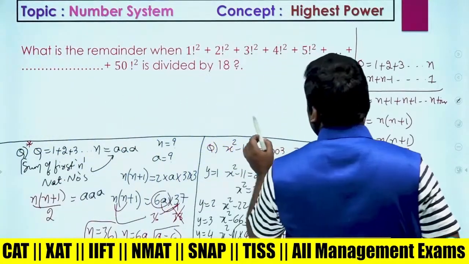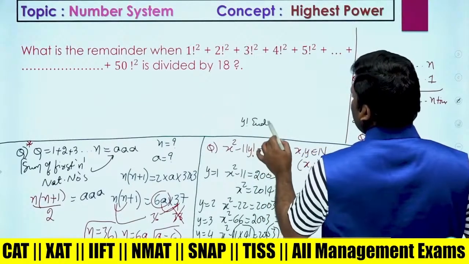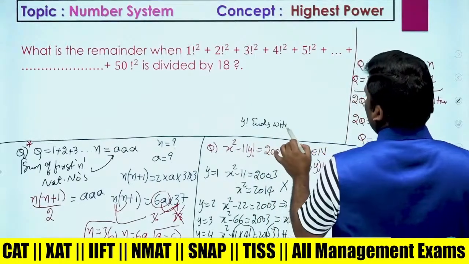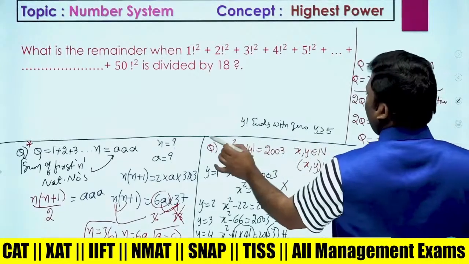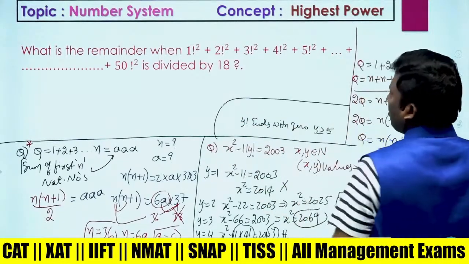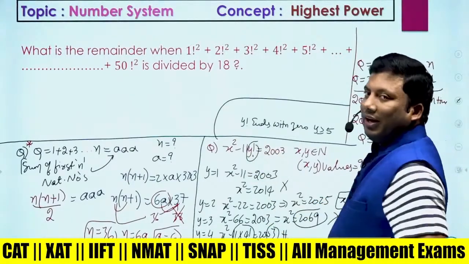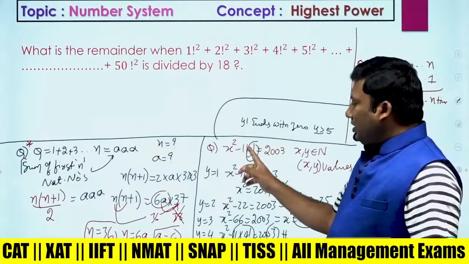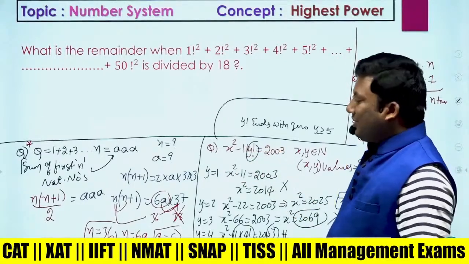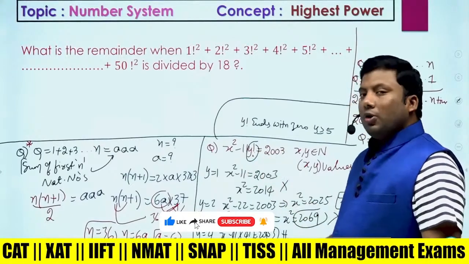Now if you see, y factorial ends with zeros for y greater than or equal to 5. If I solve this question, 5 factorial is ending with 0, 0 into anything is 0, 0 plus 3 is 3. 6 factorial is ending with 0, 0 plus 3, 3.